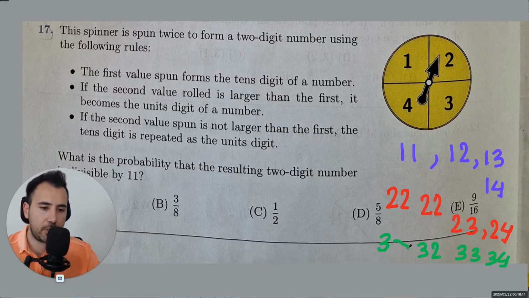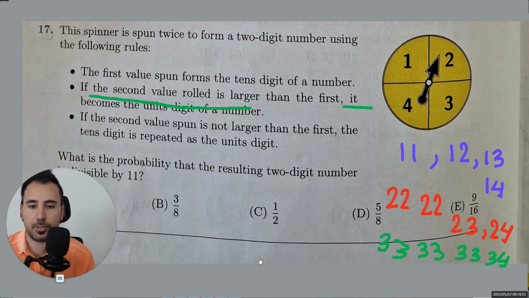The same story happens with 32. 32 will also be 33. 33 is not touched. 34 is also okay because the second value rolled is larger, so no problem. It becomes the units digit. And then we're going to have to deal with 41, 42, 43, and 44.